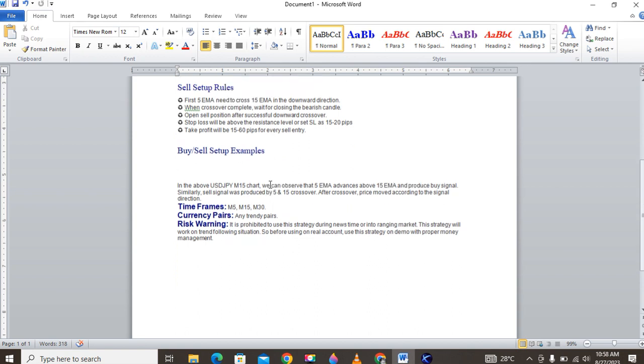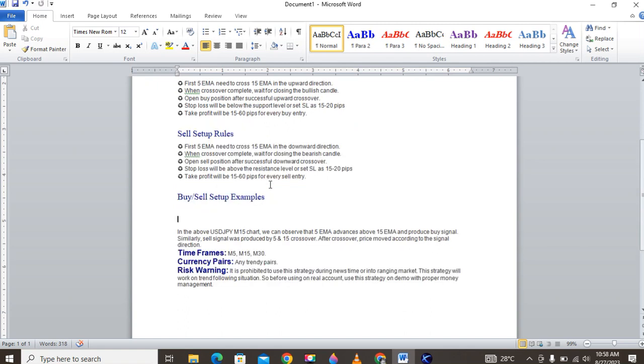Now, this strategy can be used on any currency pair, and the time frames must be 5 minutes, 15 minutes, or 30 minutes.